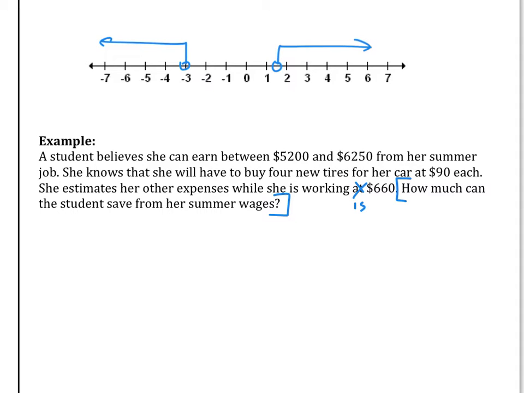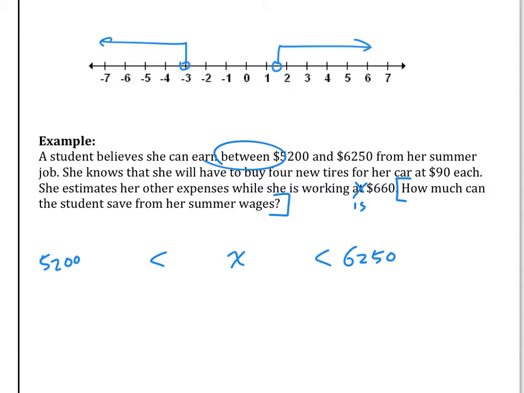So let's say X is how much she's going to save after this summer is over. How much she saves depends on how much she's earning. She is earning between $5,200 to $6,250. And between, I believe, is not including the two ends. So we write less than, not less than or equal to.